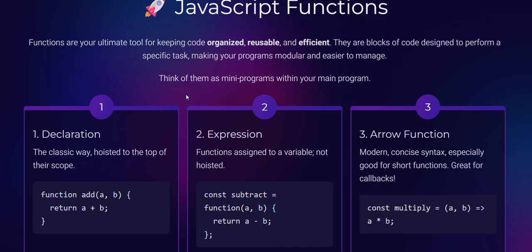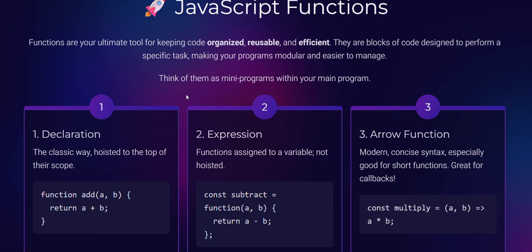Functions. JavaScript functions are your ultimate tool for keeping code organized, reusable, and efficient. They are blocks of code designed to perform a specific task, making your program modular and easier to manage. Think of them as mini programs: declaration, expression, arrow function. Declaration, the classic way, hoisted at the top of its scope, like an addition.